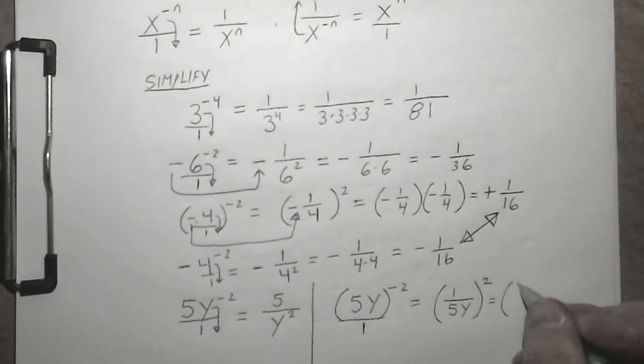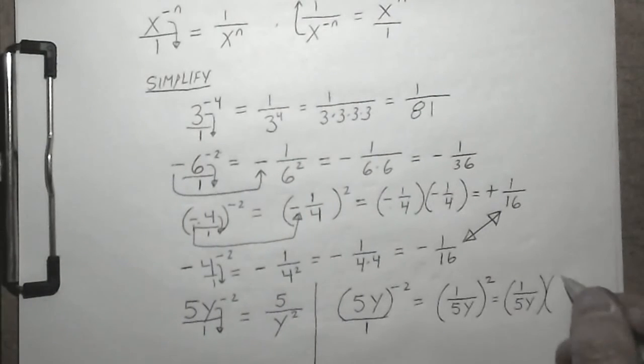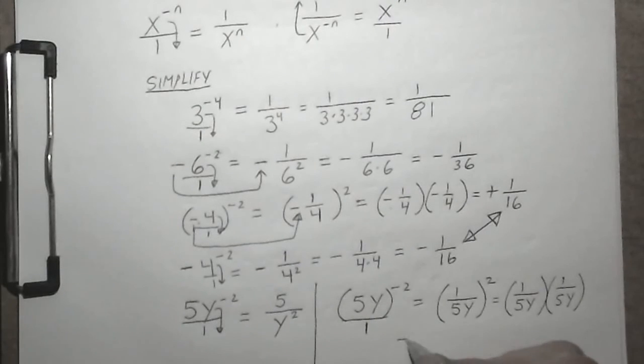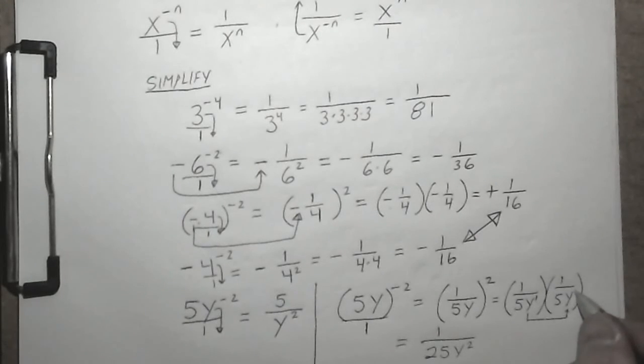And this then, to further evaluate, is saying 1 over 5y times 1 over 5y. 1 times 1 in the numerator is 1, and the denominator is 5y times 5y, which is 25y squared, because y times y is y to the second power and 5 times 5 is 25.